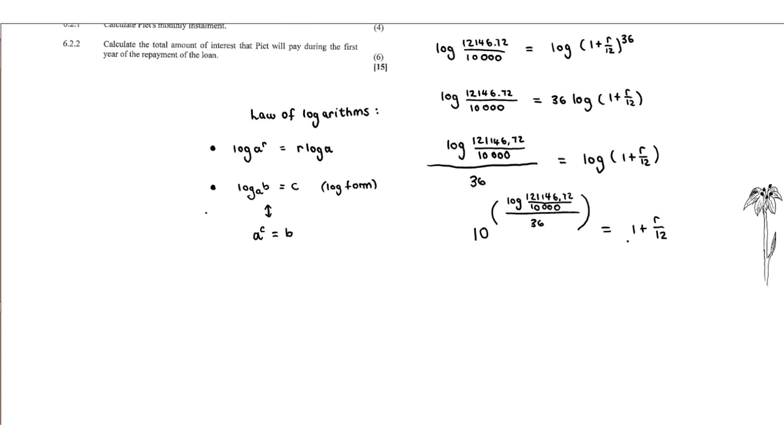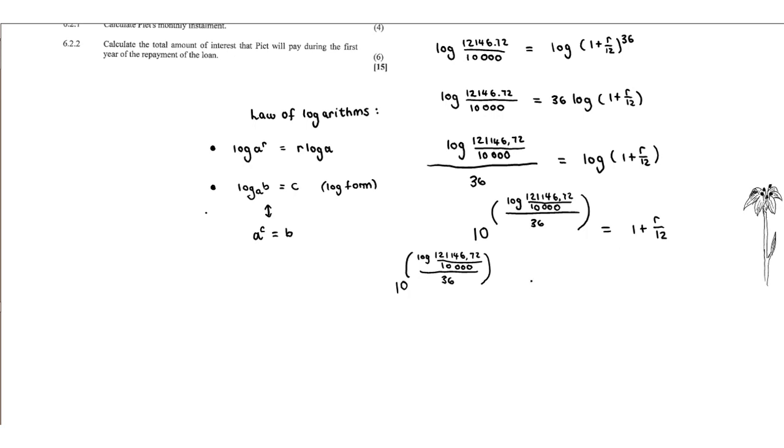Now that I have this isolated, it's very easy to calculate r. I'm just going to have 10 to this big exponent divided by 10,000, all of this divided by 36.